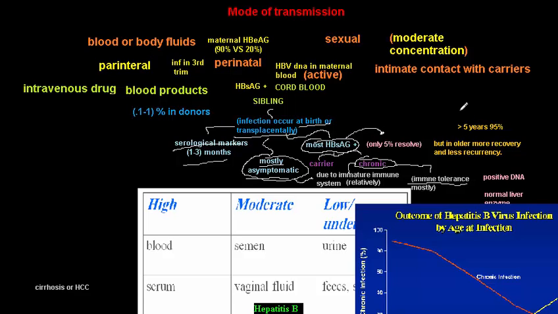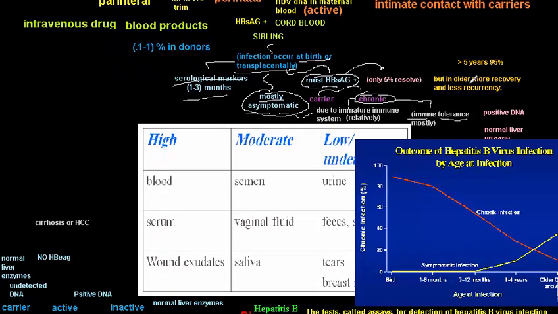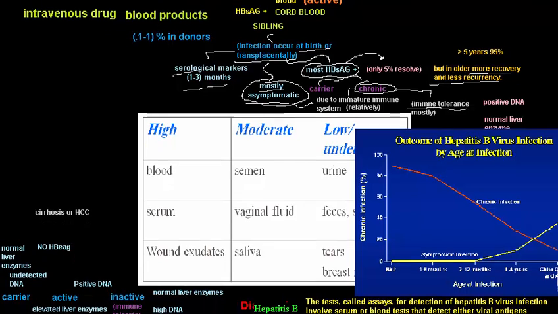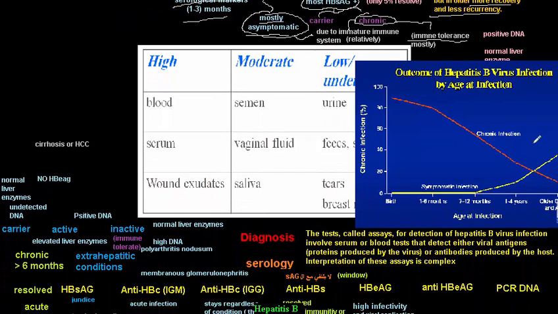In contrast, an older child is associated with more recovery and less recurrence. This graph will explain what I'm talking about. Here we have the age of infection and the chronicity of infection.